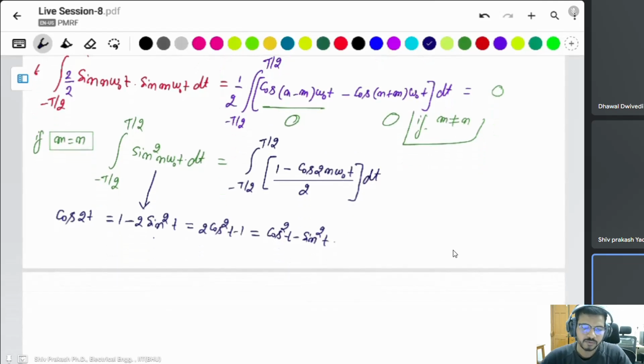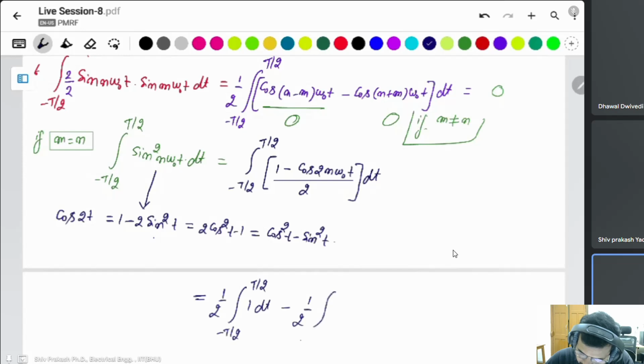In this case, you can break this part-wise. Half of integration of minus T by 2 to T by 2 of 1 dt, minus integration of minus T by 2 to T by 2 of cos 2 n omega naught t dt.